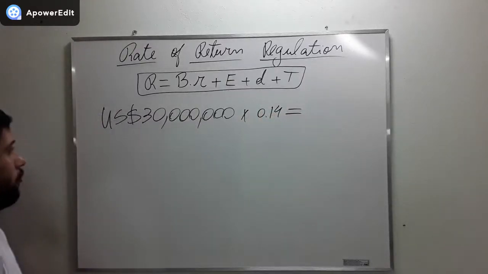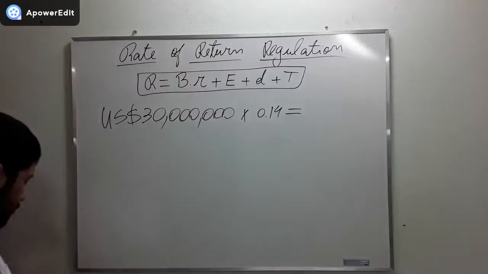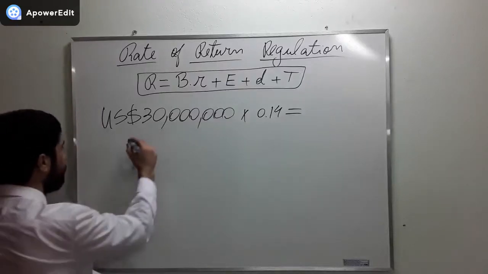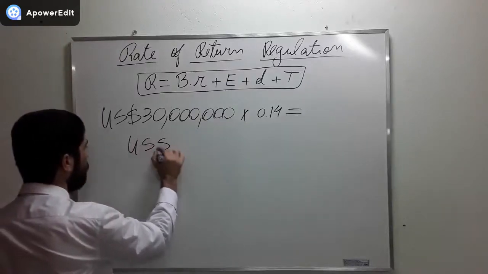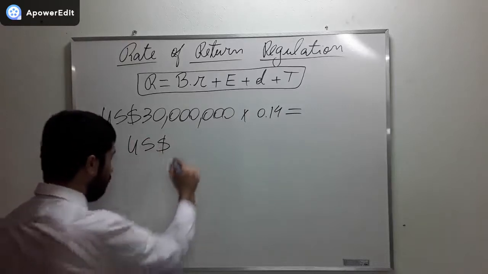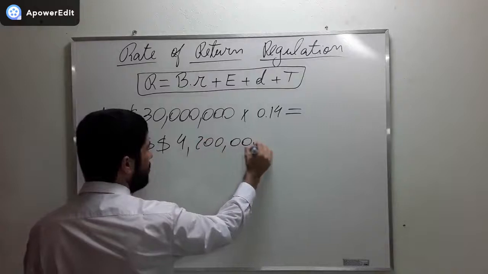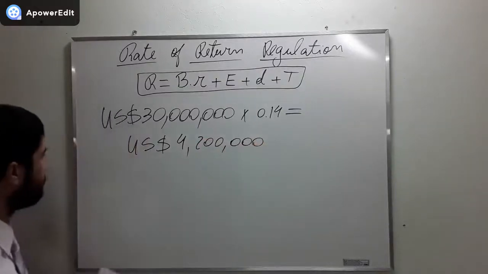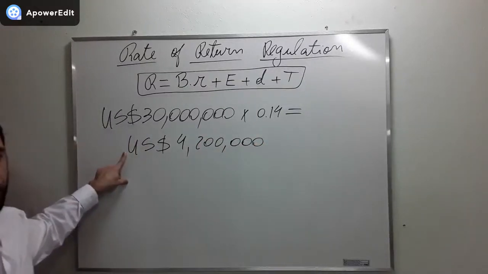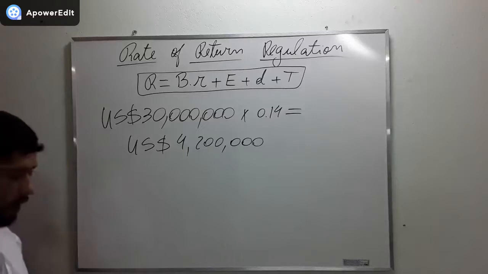And 0.14 times 30 million gives 4,200,000 American dollars. So this is the first result that we get.